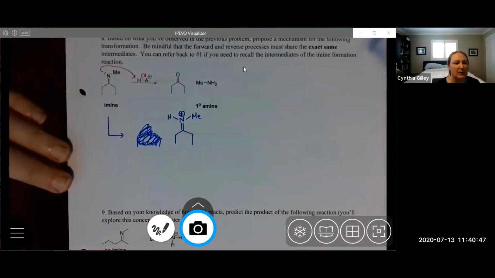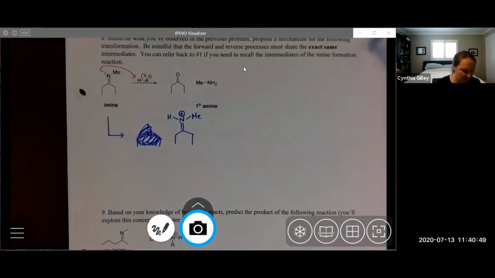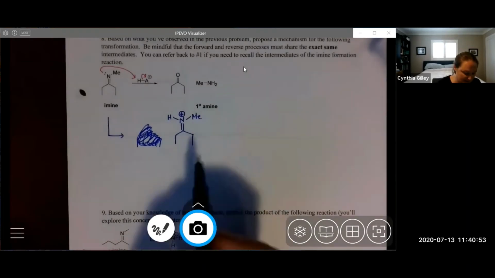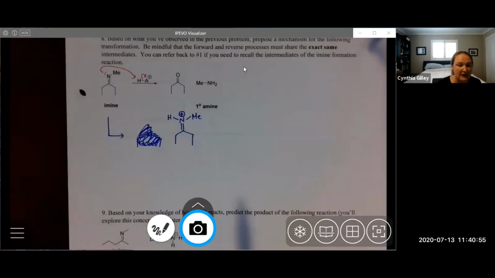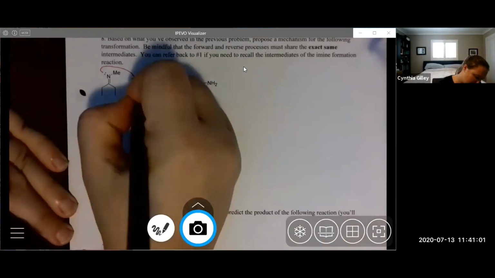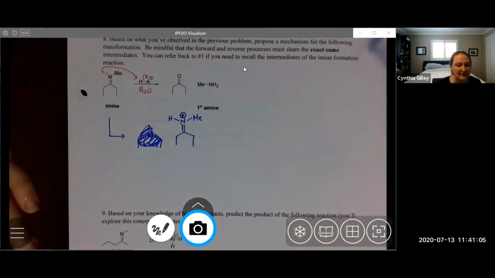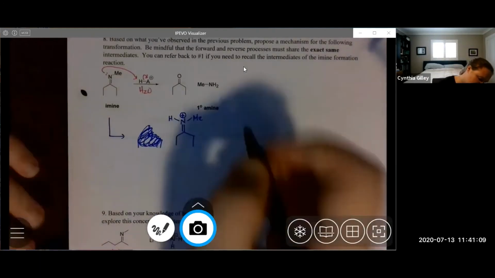Okay, so we did a proton transfer. What that essentially does is make this carbon even more electrophilic. It doesn't say water is there, but water is definitely there because we're going to be using a dilute acid solution to go back. I'm going to draw in some water.